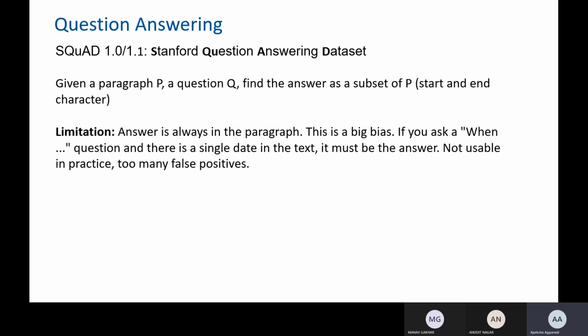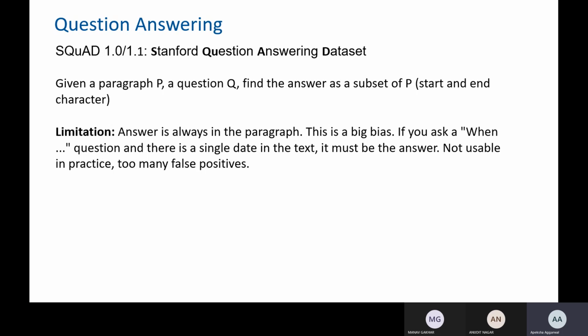Or if you have a question like where, and there is an address in the paragraph, definitely the answer would be that. Because while training you have seen everything, this is a kind of bias in the model. This is the limitation of question answering.